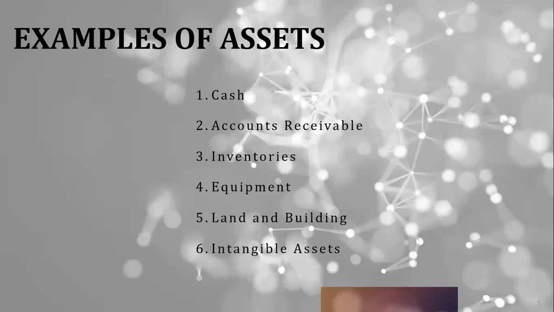So an example of an asset that can neither be seen nor touched is software used by computer shops. We have Microsoft. Diba? Dili man nato na siya mahahawiran. Makita lang nato siya. So it is an asset.